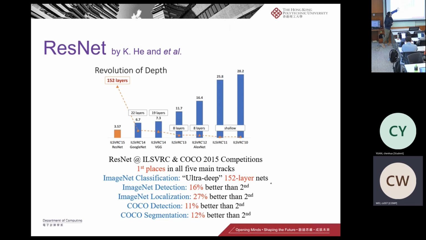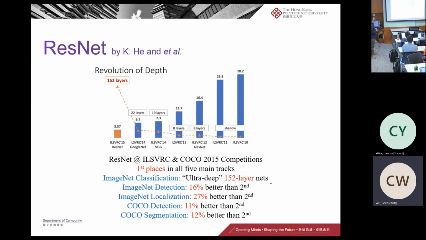But here you could see ResNet stacked 152 layers and got another significant improvement there. It actually outperformed those previous models significantly, like shown here. But why? How did it happen?